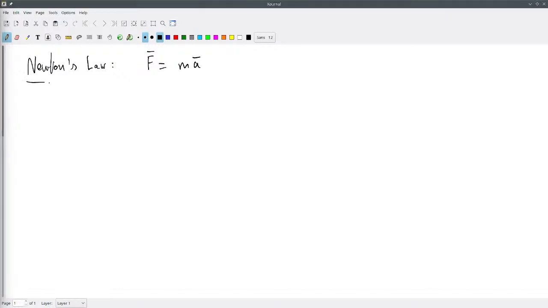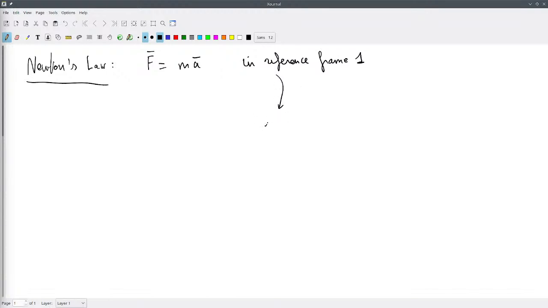So Newton's law, F equals ma, is valid in some reference frame, reference frame 1, in some set of coordinates, a coordinate system. What if we now go to a different coordinate system?